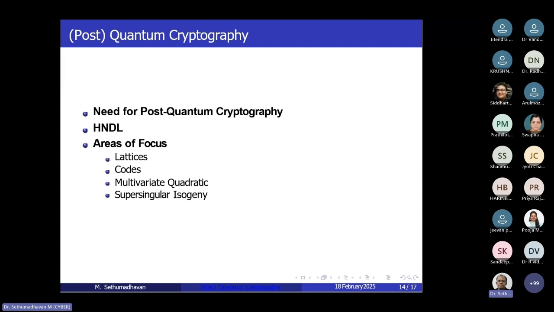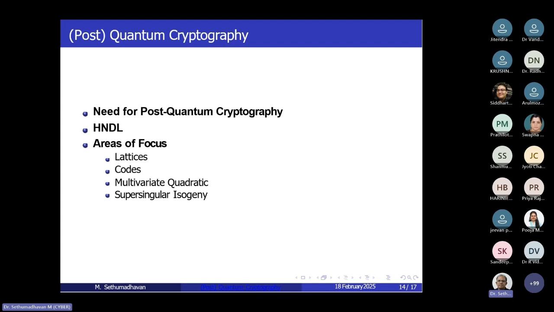What will they do with the ciphertext? How will they get the plaintext from that? The expectation is to take all the ciphertext now, wait till the quantum computer comes, then break it and get the plaintext.